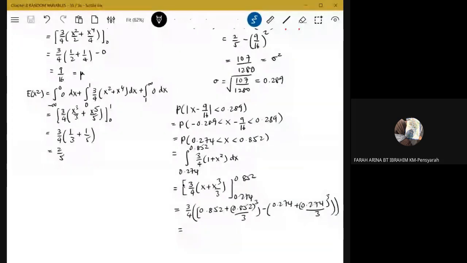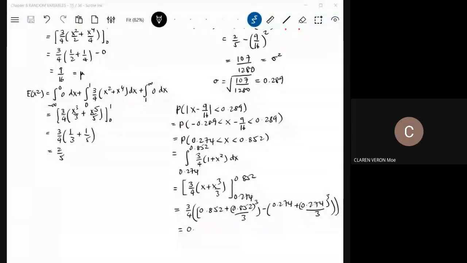Berapa kita dapat? Zero point 0.5829. Okay, good. So 0.5829.